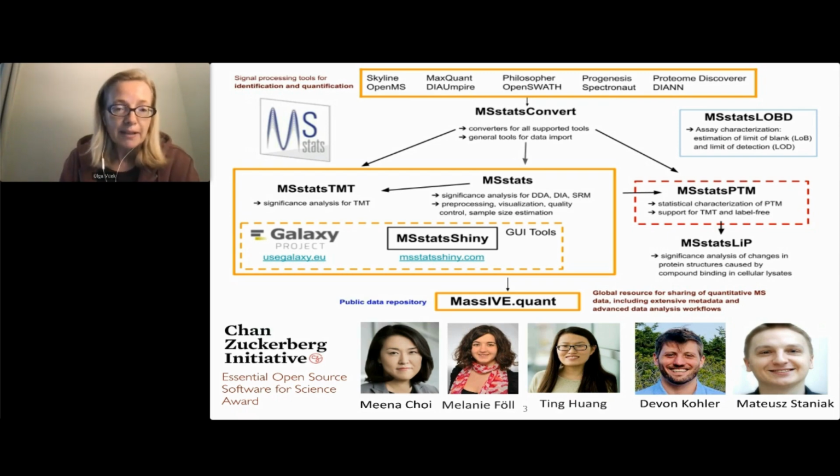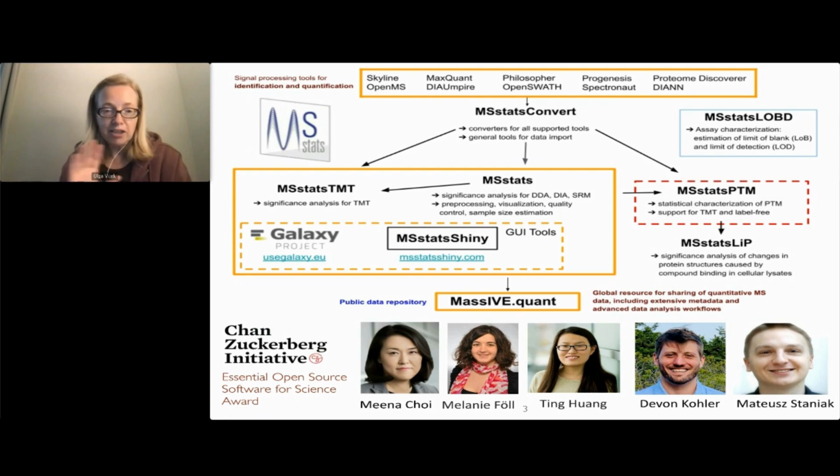Now, most frequently, MSstats is used as an R tool through the command line. However, increasingly, we have users who do not have this ability to use R programming. And so now MSstats is accessible through two types of graphical user interface. One is a Galaxy project.